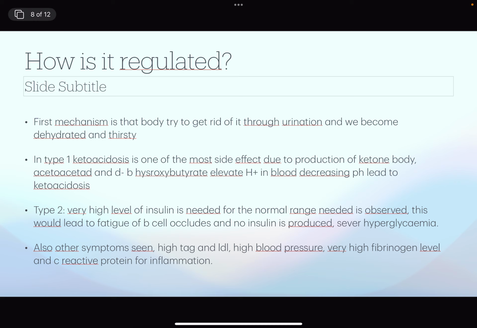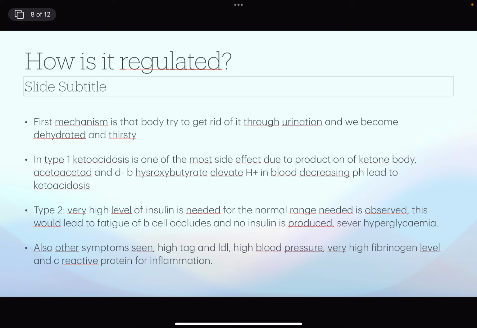Also, other symptoms we see in type 2 diabetes are high TAG and LDL levels, high blood pressure, very high levels of fibrinogen and C-reactive protein for inflammation, but also low HDL levels in our body.